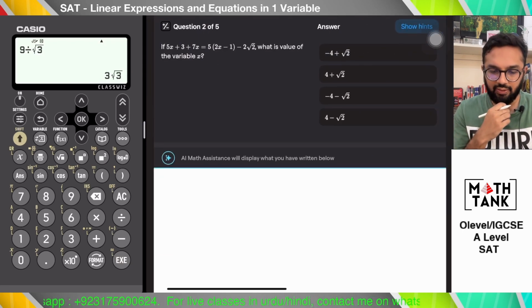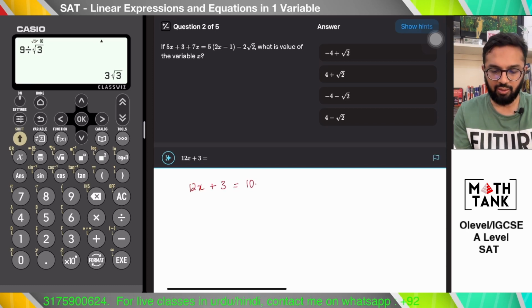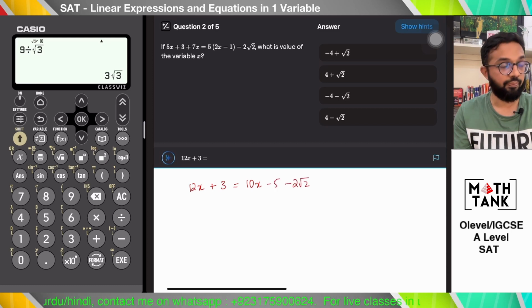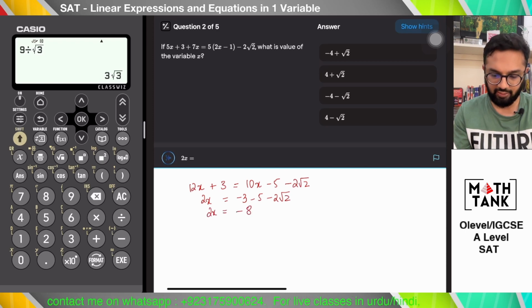So 5x plus 3, I think this is a similar question to the one we've done before. So 5x plus 7x will give me 12x plus 3. And if I open that bracket, it's 10x minus 5 minus 2 root 2. 2x equals minus 3 minus 5 minus 2 root 2. 2x equals minus 8 minus 2 root 2.